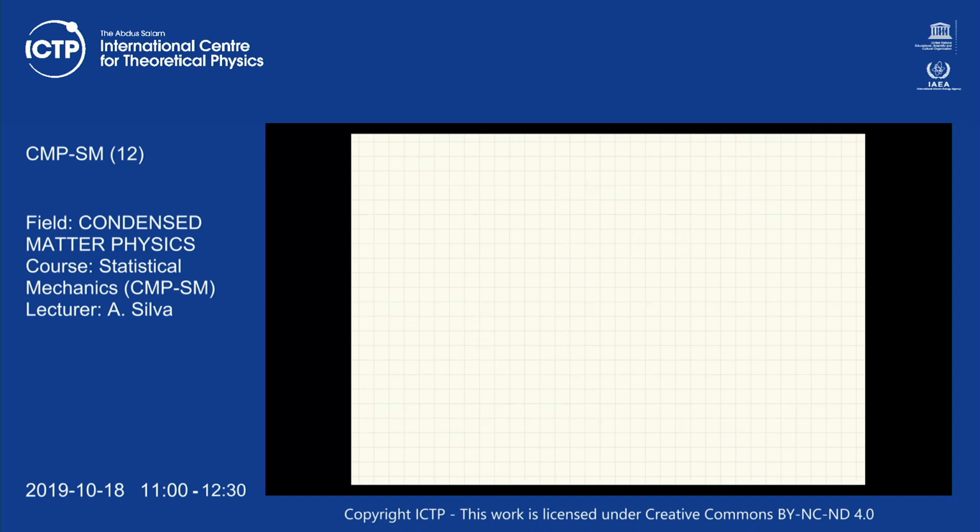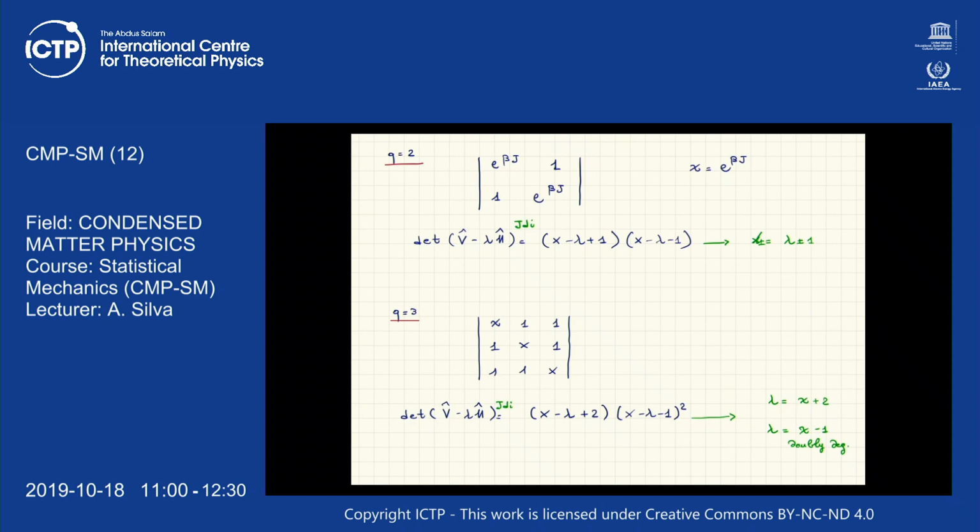All right, so now, given this, what happens to this determinant for generic q? This is for q equal to 2, this is for q equal to 3.